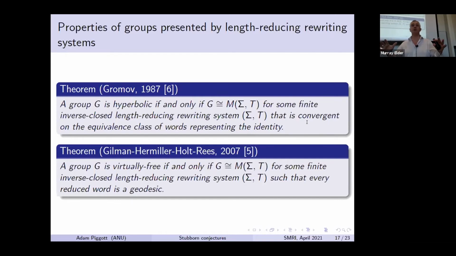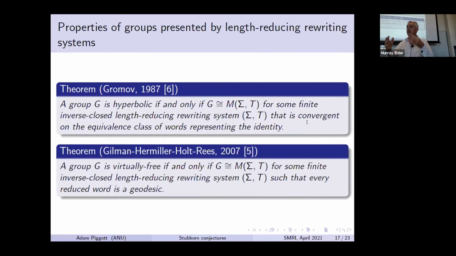No matter which word you start with, it will be reduced to a geodesic word. It's just that there might be more than one geodesic for each group element, and you can't show that they are equal using length reducing rules. Right, so we see these two. I said I was interested in three classes of groups, in particular hyperbolic, virtually free, and plane.